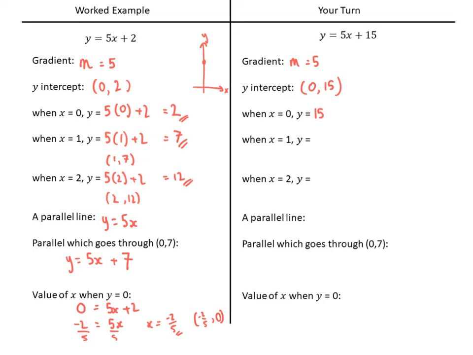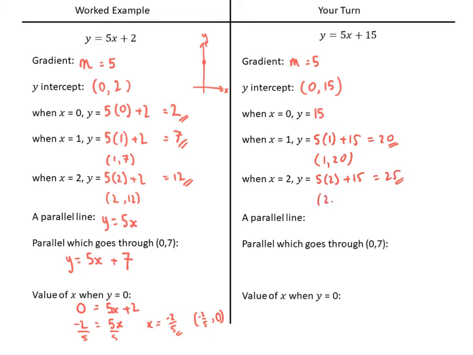When x is 1, need to do a little bit of number work here. 5 times 1 plus 15, that's 20. That gives me the coordinate 1, 20. When x is 2, y equals 5 2s plus 15, 10 plus 15, 25.